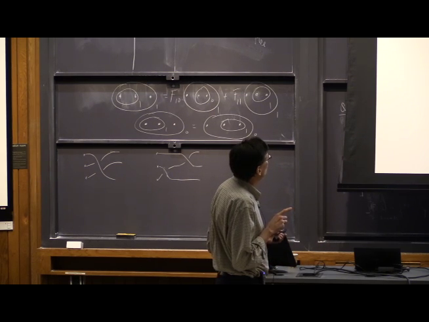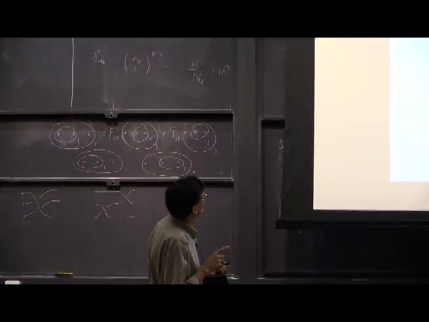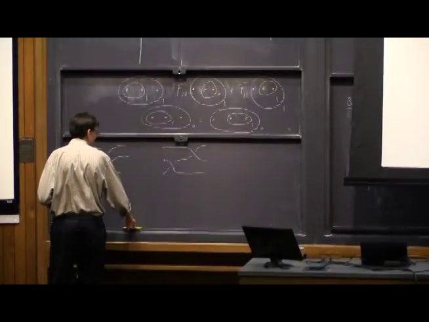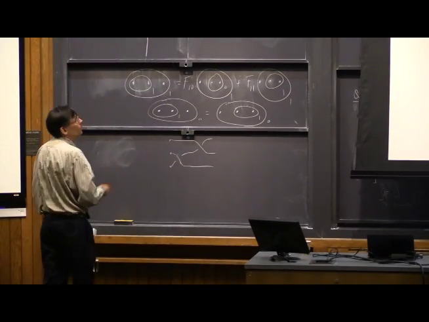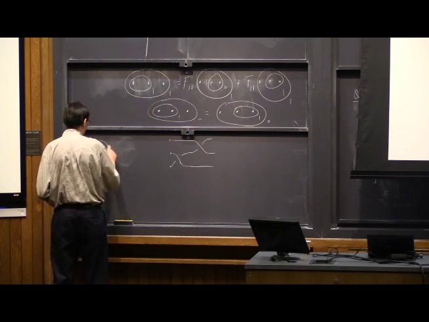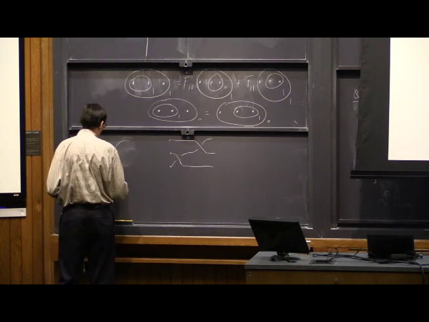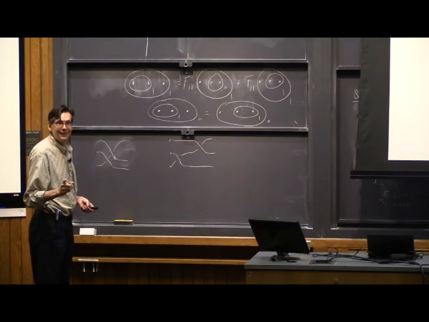So here I've moved the green and red particles. So I did this wrong, didn't I? This picture is wrong. Because the first thing is the basis change. I think I'm still okay.